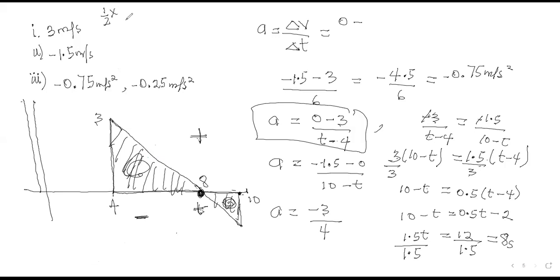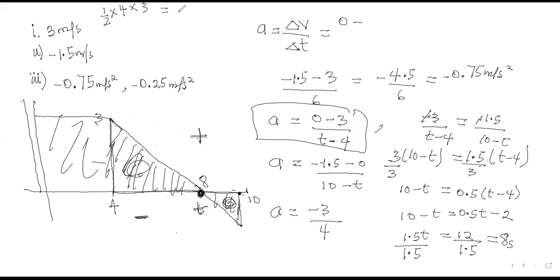What's the base? The base is 8 minus 4, times the height. Hey, I've left out the other part. In fact, there are some parts. It's like this. So this area, the total area here, this is half times 3.